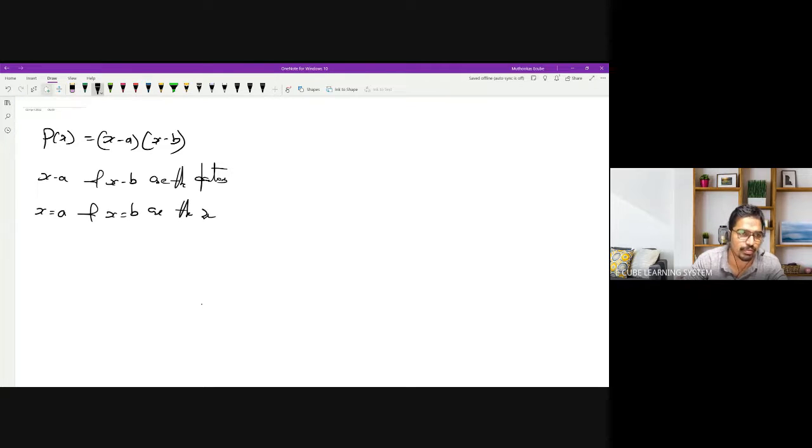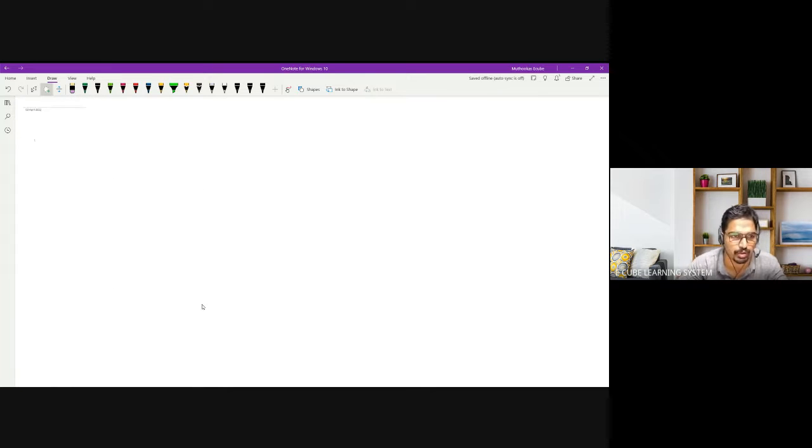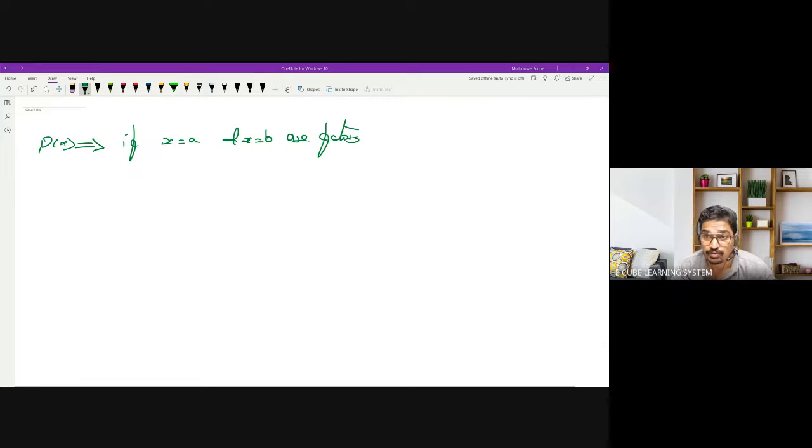Now the converse part, that's what we will discuss. Suppose for a polynomial p of x, x equal to a and x equal to b are zeros.